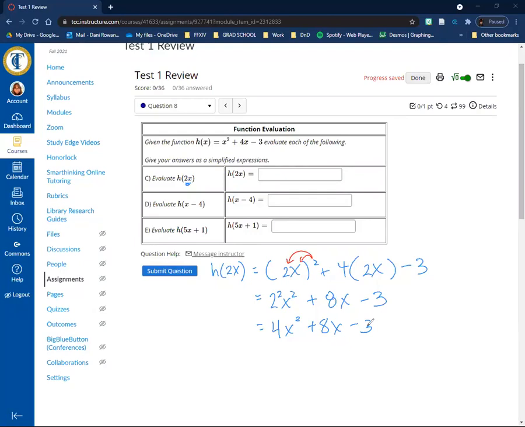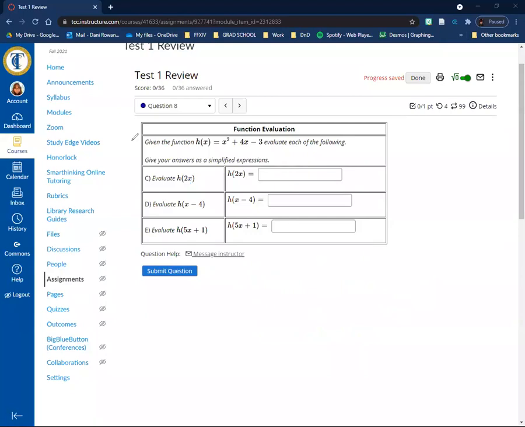Any questions on this first one? Okay. Let's take a look at D right here. Again, anything I'm going to put in parentheses is going to be the x values, right?